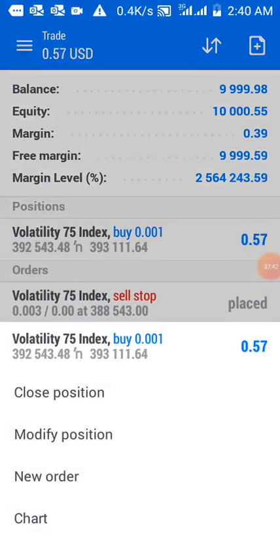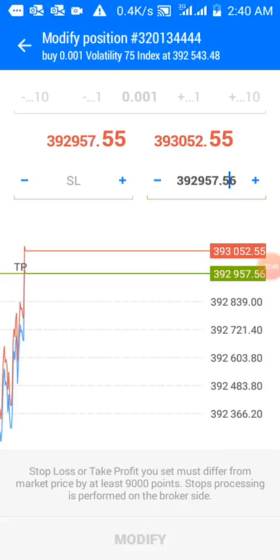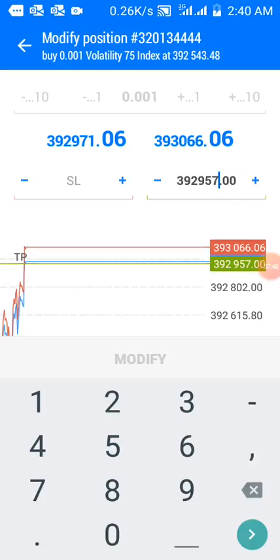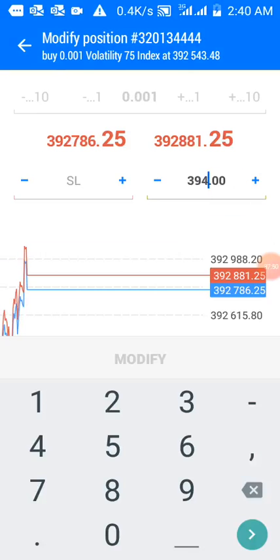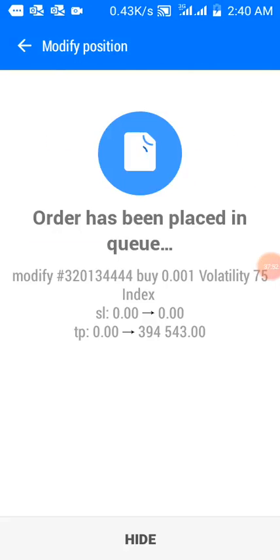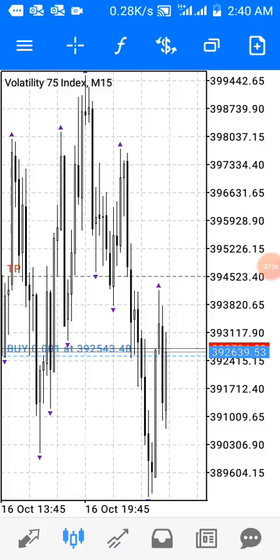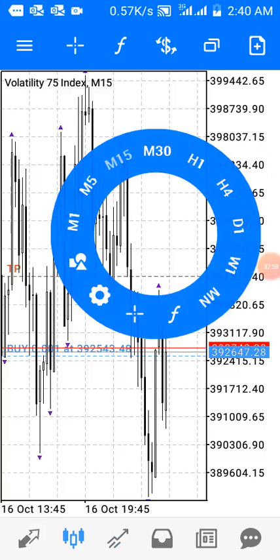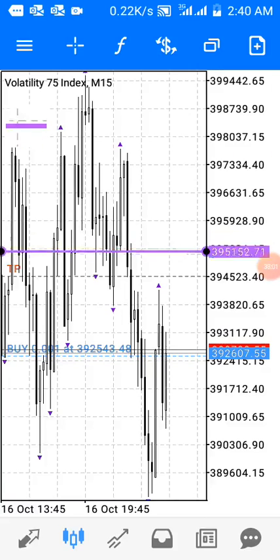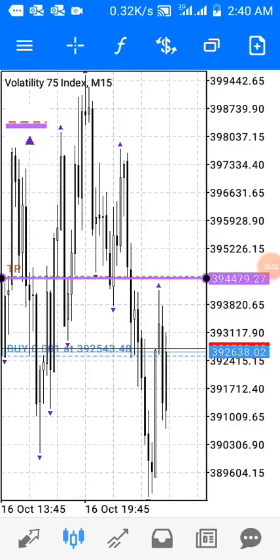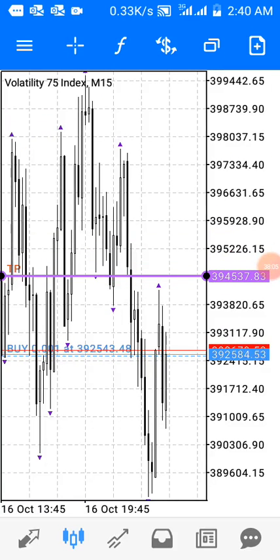Press on the trade, press on modify, 394543. So that's my take profit, 2,000 points, for the buy trade.